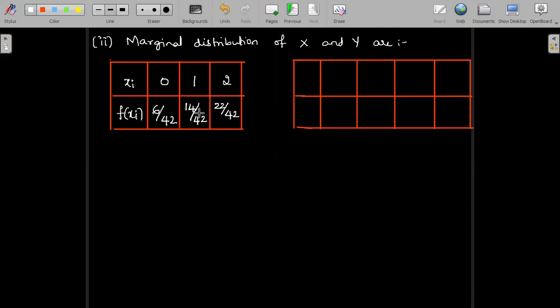So 6 by 42 plus 14 by 42 plus 22 by 42: 14 plus 6 is 20, 20 plus 22 is 42, so 42 by 42 gives us 1. Similarly, we will write down the marginal distribution of yj now. So this is yj and then g of yj values. The y values are 0, 1, 2, 3, and now we will fill out the respective probabilities.